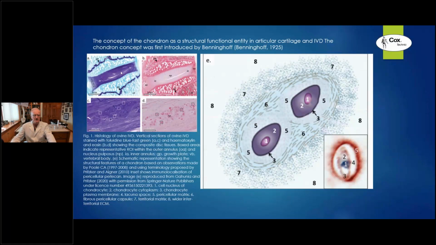If you look at the nucleus pulposus and the annular fibers of the disc, take a little box and look into that part, you'll see the chondron. You'll notice here the nucleus of the cell, the cytoplasm of the cell, the matrix of this cell surrounding the chondron, and this is where the degenerative changes take place within the disc.